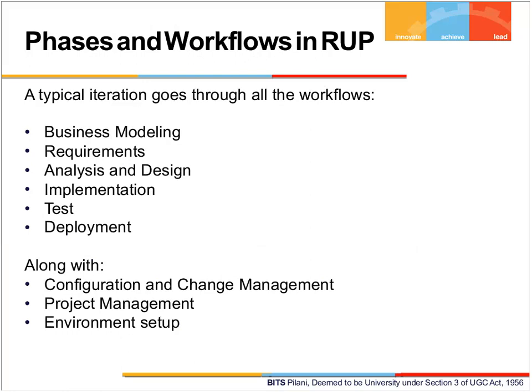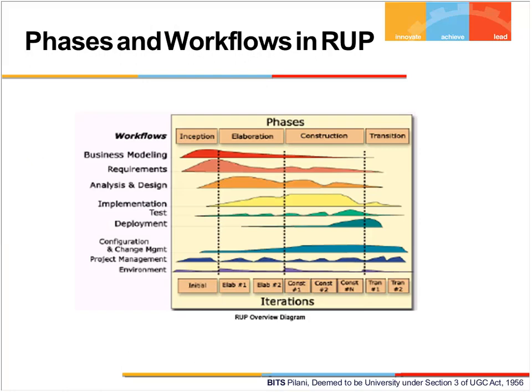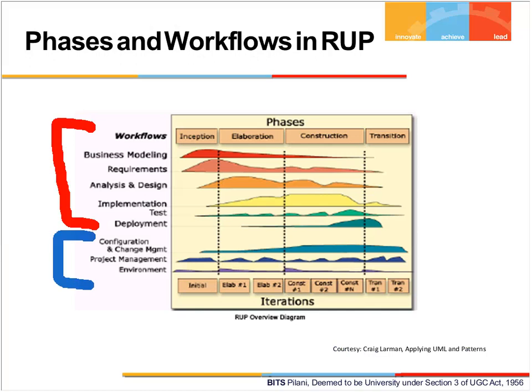Okay. Apart from the workflow activities, these were our workflow discipline activities. There are a few more discipline activities that we see here, right? These are configuration and change management, project management, and setting up the environment.